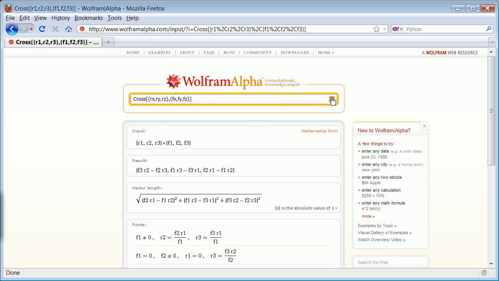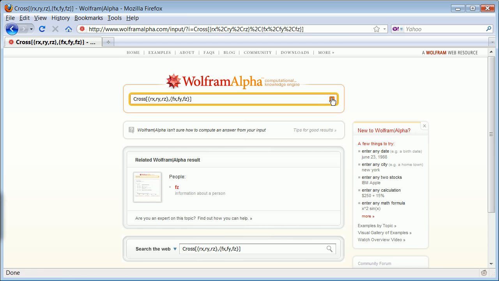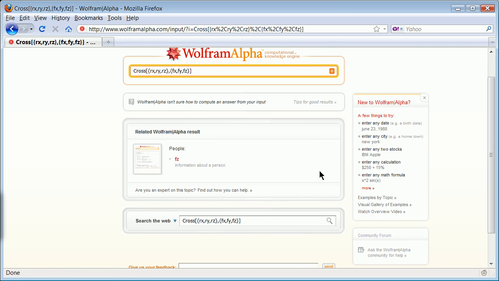Let's see how it deals with that. And it doesn't know what to do. So once again, you start to learn how to get around the software. It's looking for a person. The format looks correct, so it's just the fact that when it sees this RX and FZ, it starts to think it's X's, Y's, and Z's.